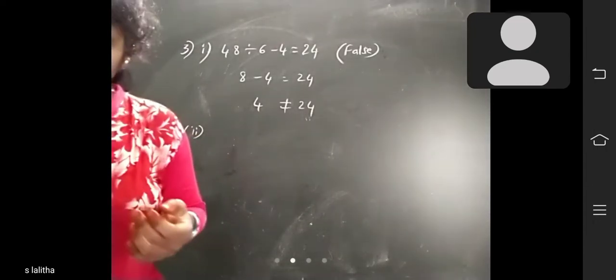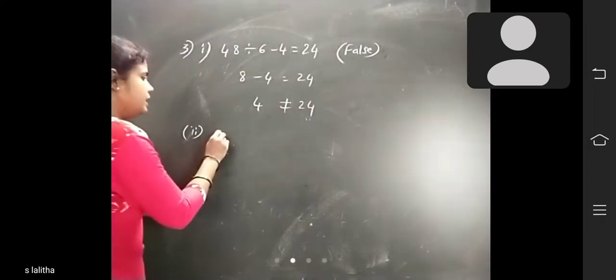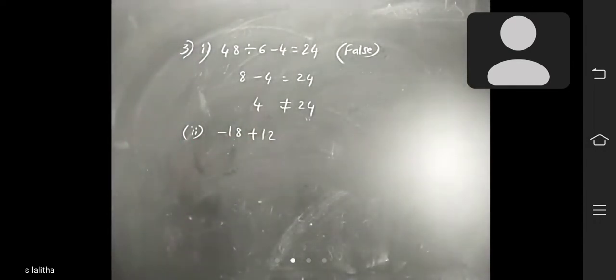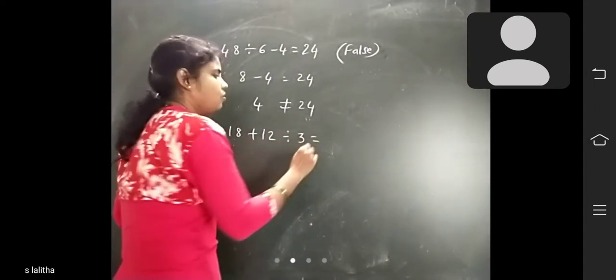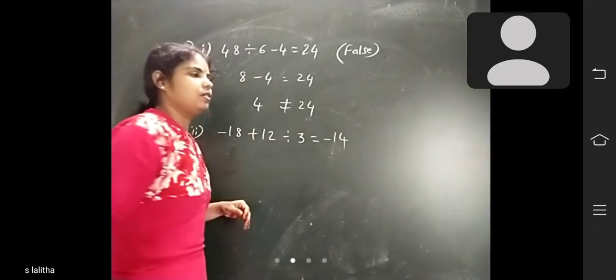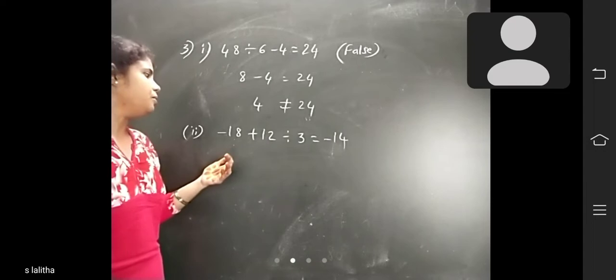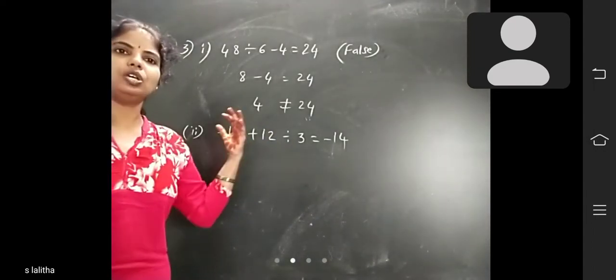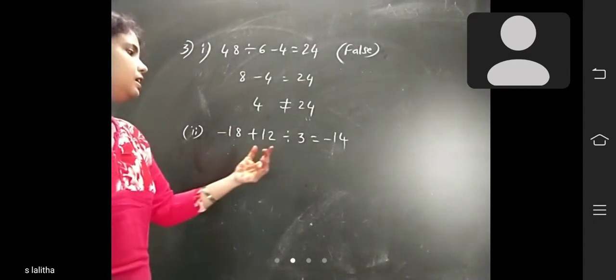Second one, minus 18 plus 12 divided by 3 equal to minus 14. Now here what operations are there? Minus, plus, divide. Which operation should you do first? Division.